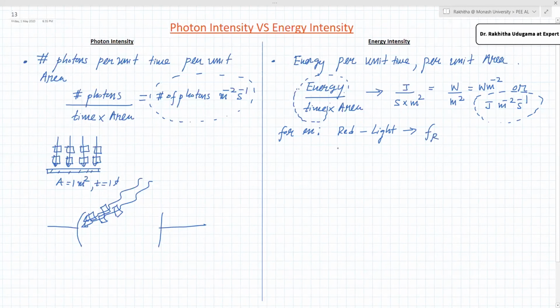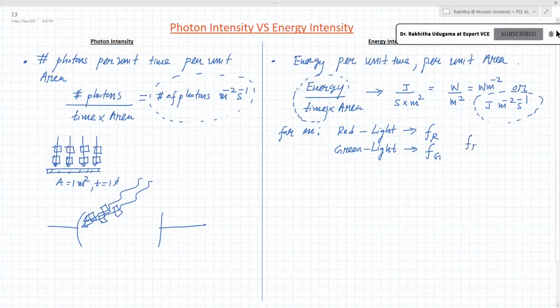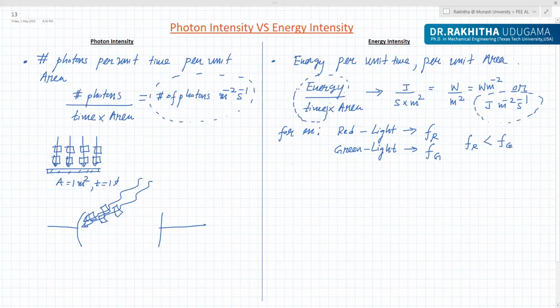Then think about green light, whose frequency would be fG. Which frequency is greater? We know fR is less than fG, right? You know the spectrum, so lambda R should be greater than lambda G.